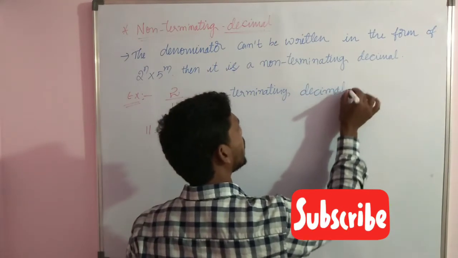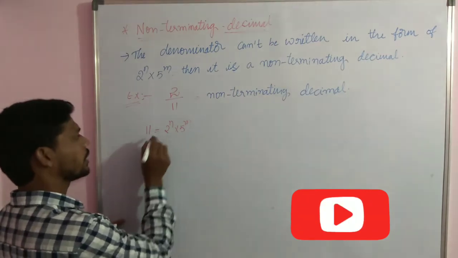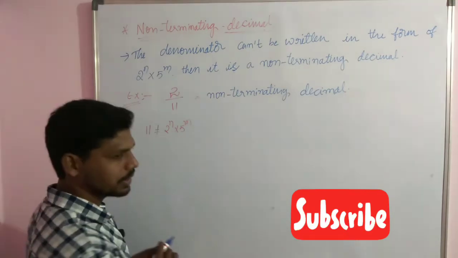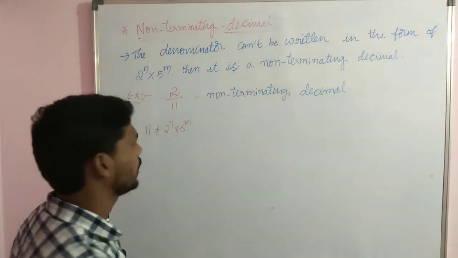Why? Because the denominator, here 11, cannot be written in the form of 2 powers and 5 powers. So 2 by 11 is a non-terminating decimal.